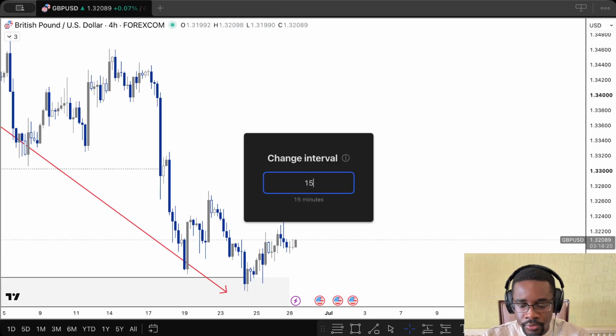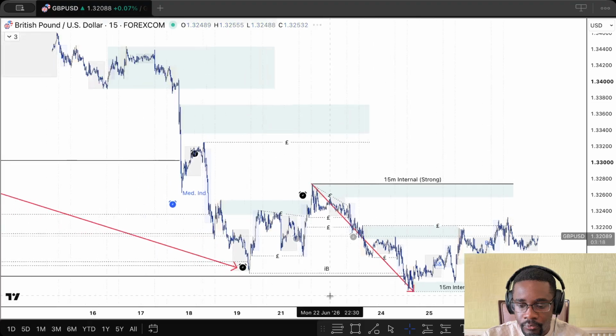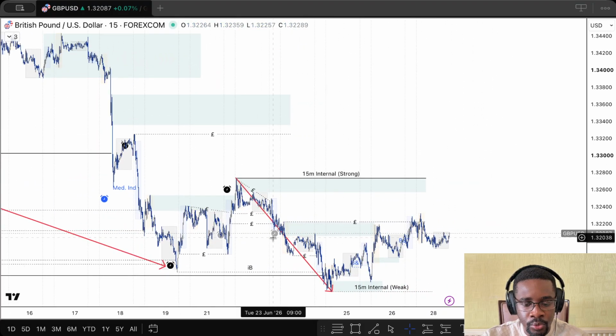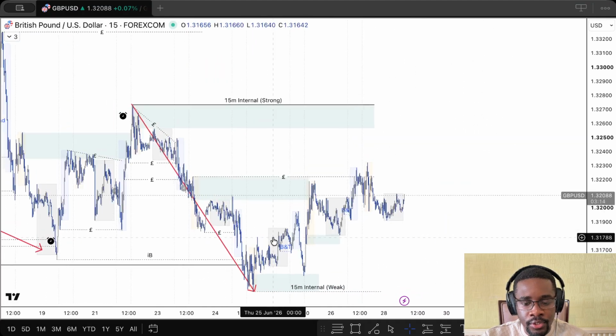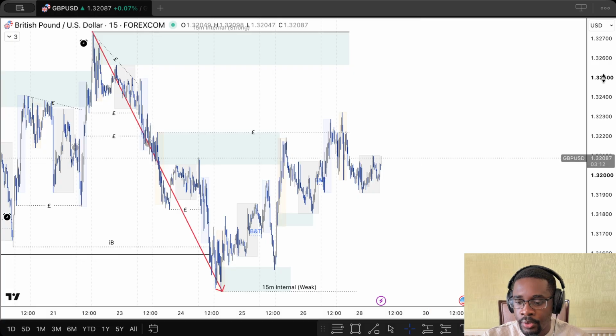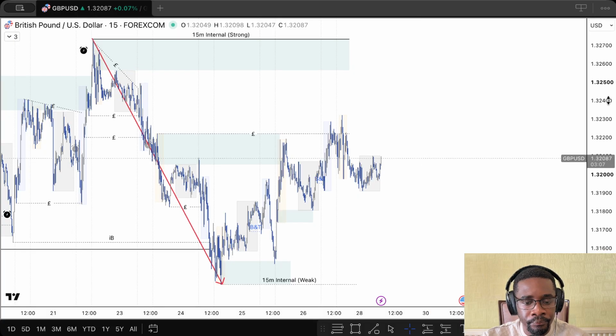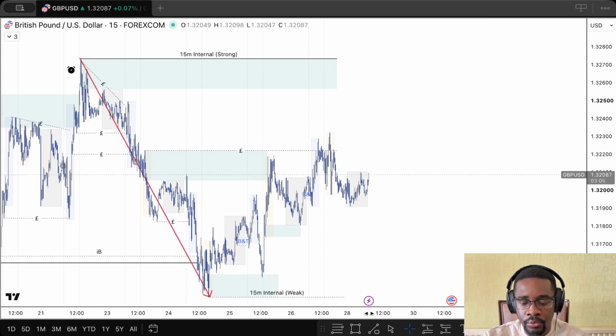So let's look at the 15-minute, from an intraday perspective, what we can expect. We're still bearish. This is the internal range that we're in.